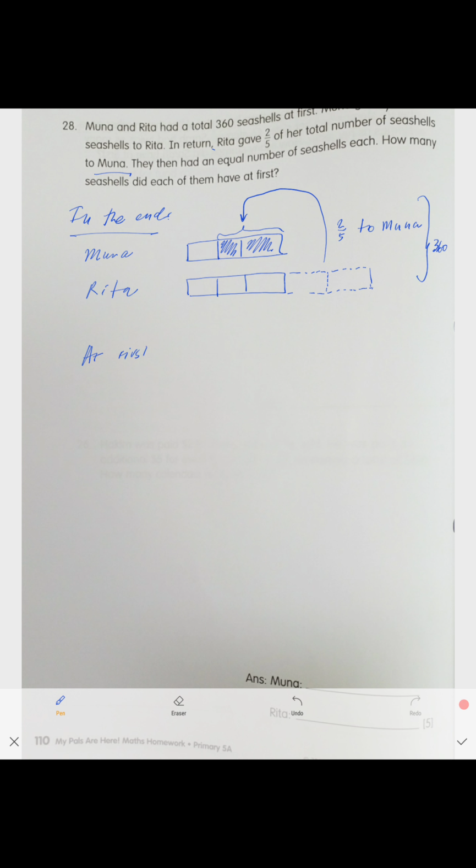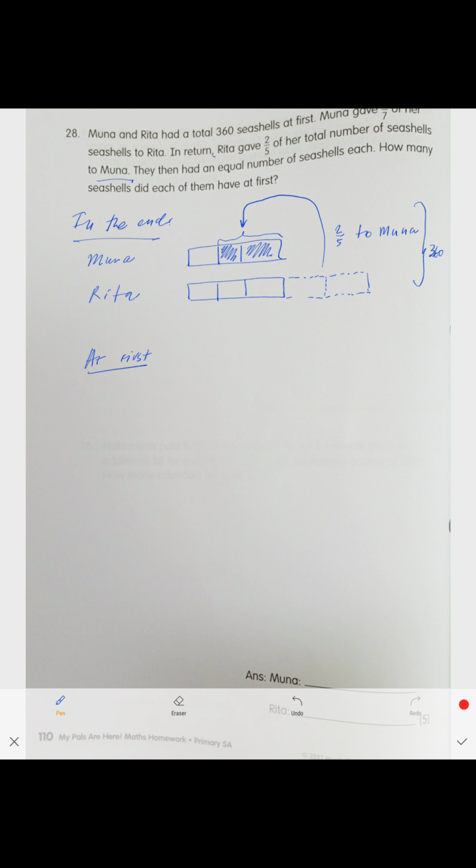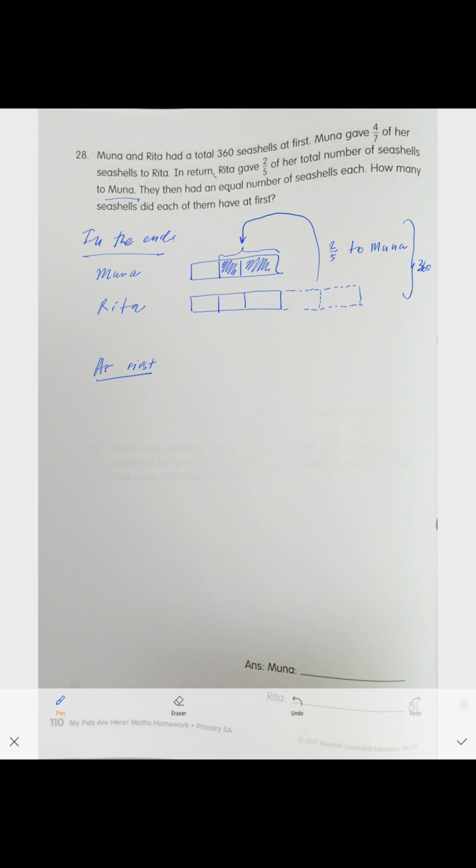All right. So at first, what do they tell us? Muna gave 4/7 of her seashells to Rita. At first, that was the previous operation. So, in order for Rita to have this amount, again, we write our two names, Muna, Rita, and you draw.